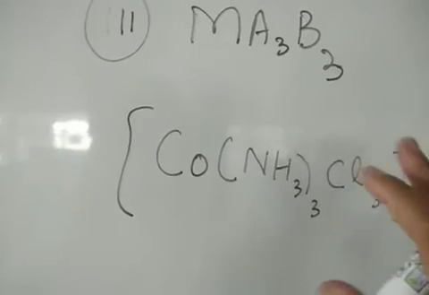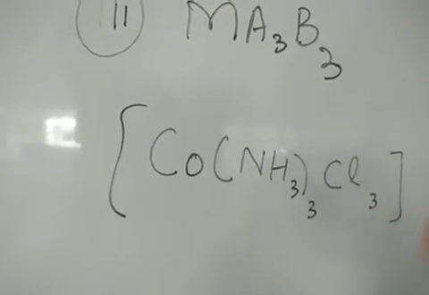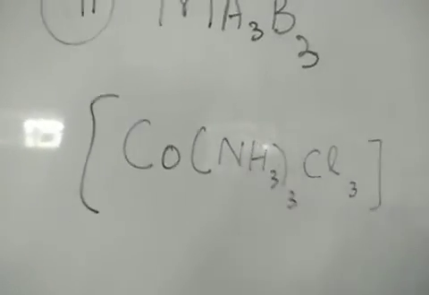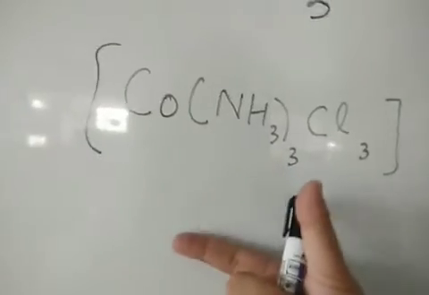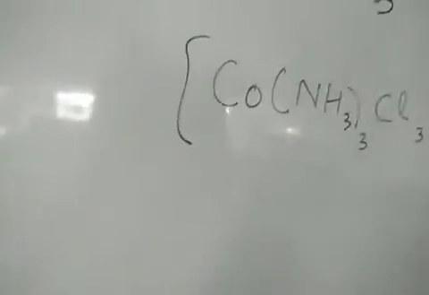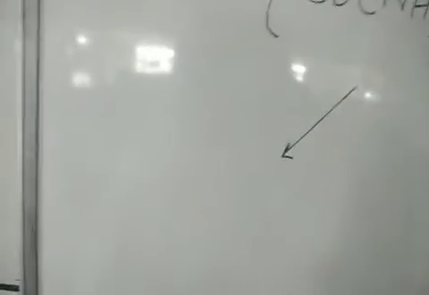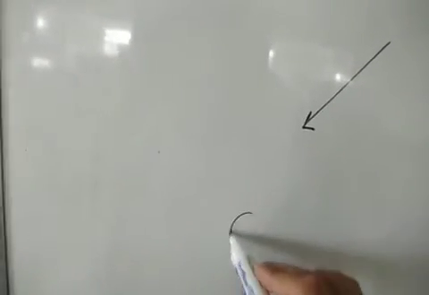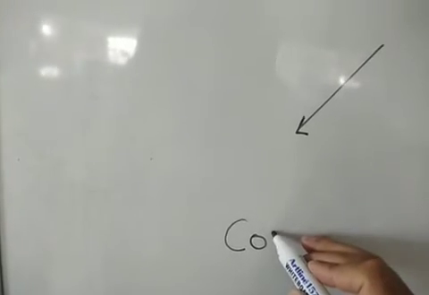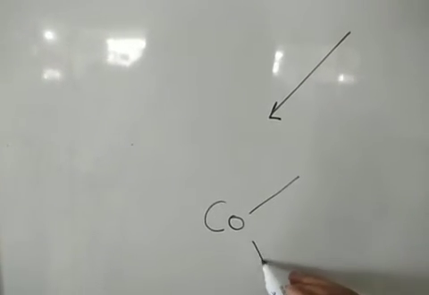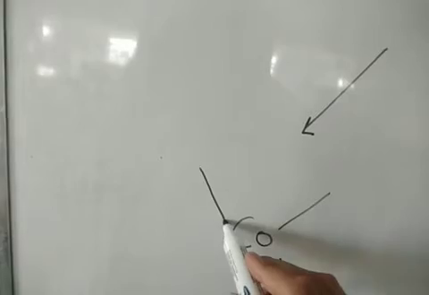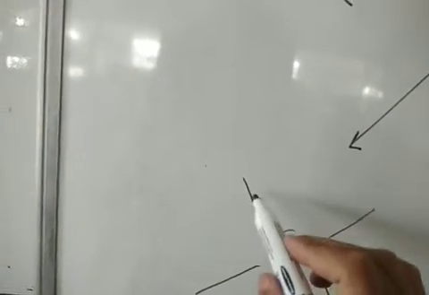ये बहुत ही important है और usually ये जो है the objective type exams में this type of question is asked. So now how does it make the cis and trans isomers? So in this case we have the isomers like, so we'll make it cobalt here. In an octahedral, you always place first your 4 ligands on the plane and then you check how you can place the other 2.